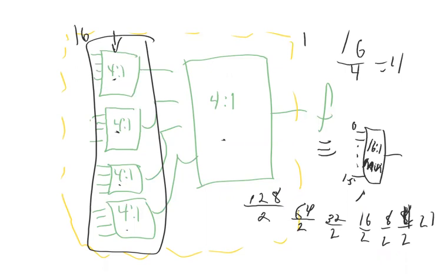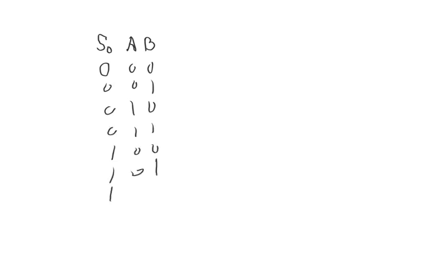So 2-to-1 multiplexers are kind of like this. You got a selector, and then you have an input A and an input B. And the truth table rows are 0 0 0, 0 0 1, 0 1 0, 0 1 1, 1 0 0, 1 0 1, 1 1 0, 1 1 1.